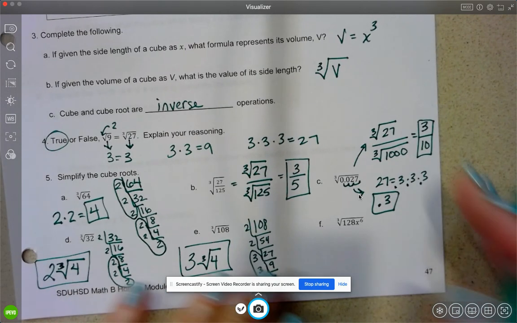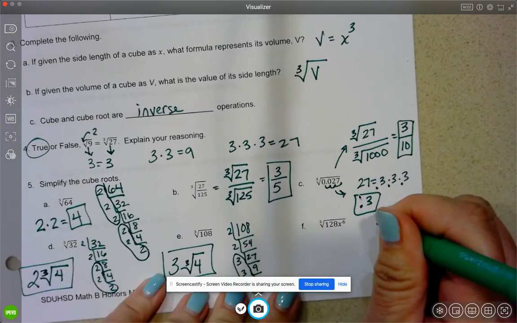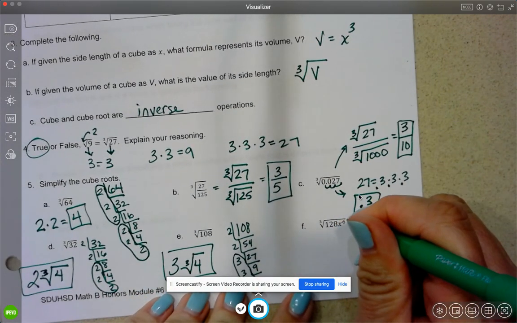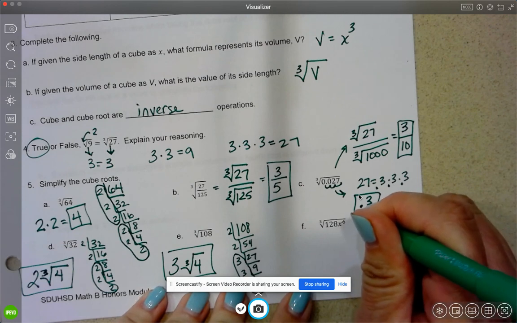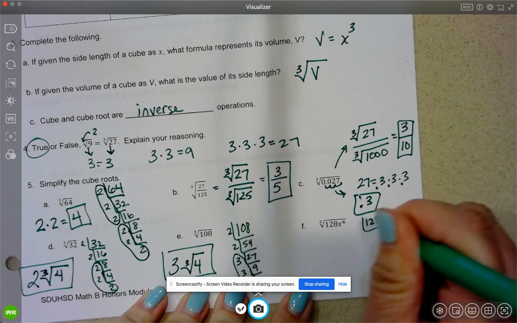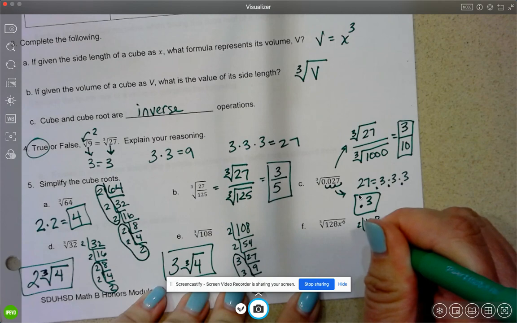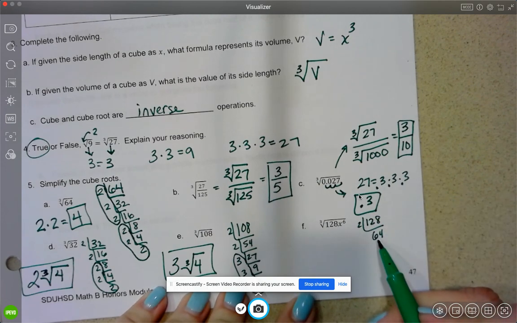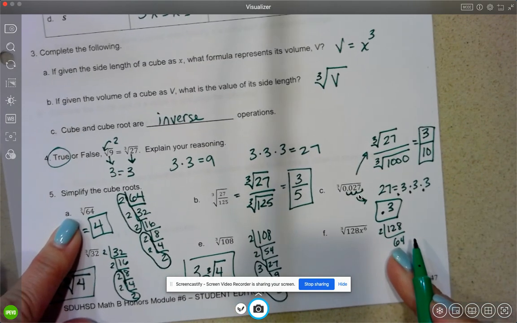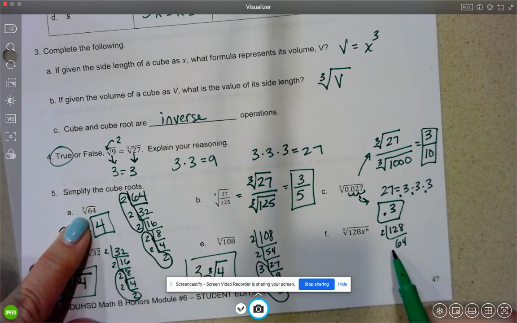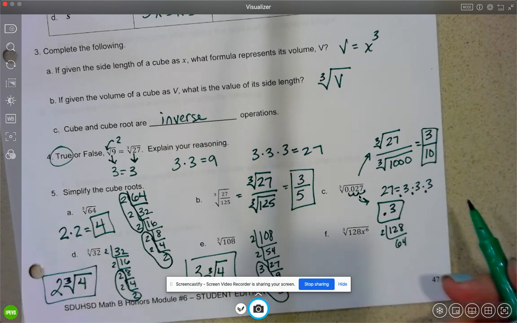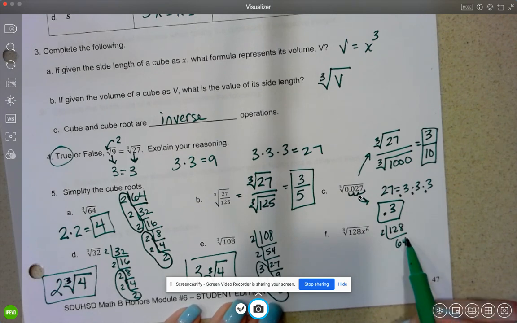All right, let's try this one. 128x to the 6, the cube root. So I have 128 divided by 2, 64. Oh, 64. Remember back here, we did cube root of 64. We already know 64 is a perfect cube. So I already know that this 64 is a perfect cube, which is 4.